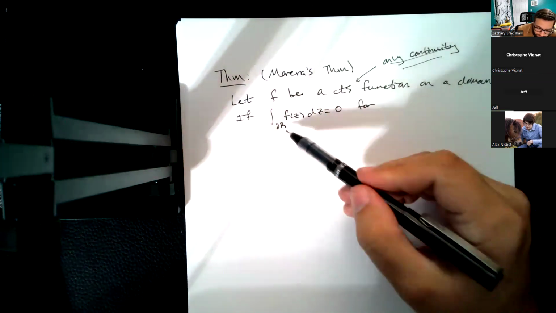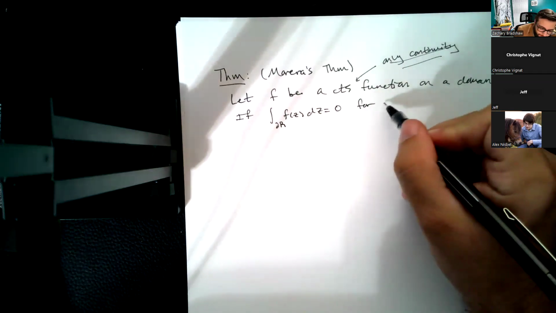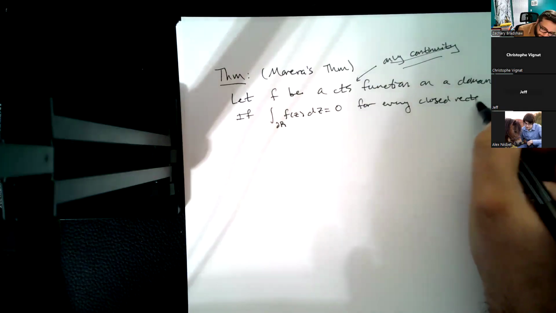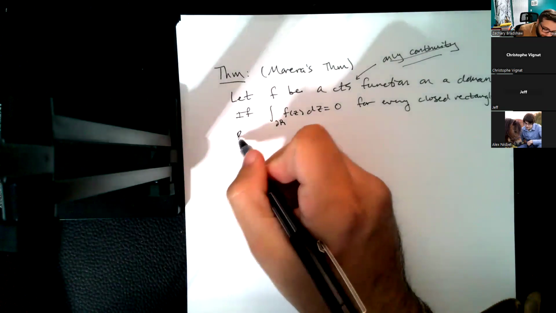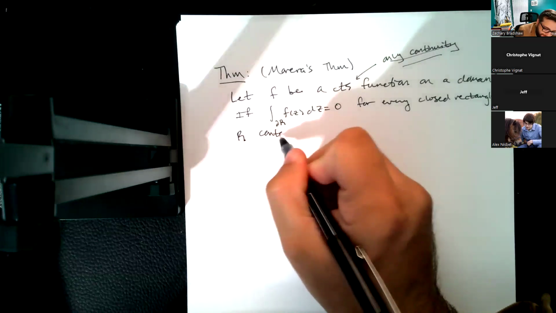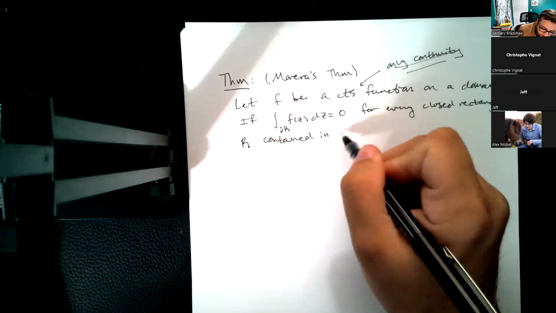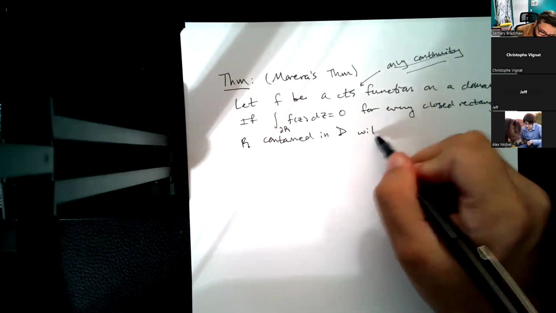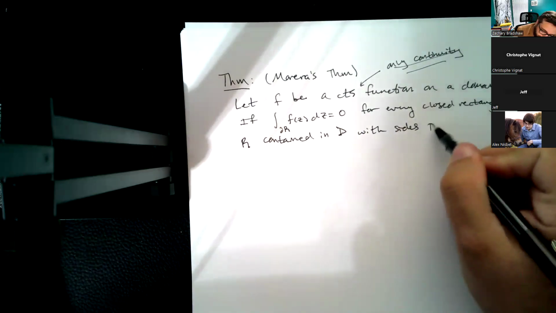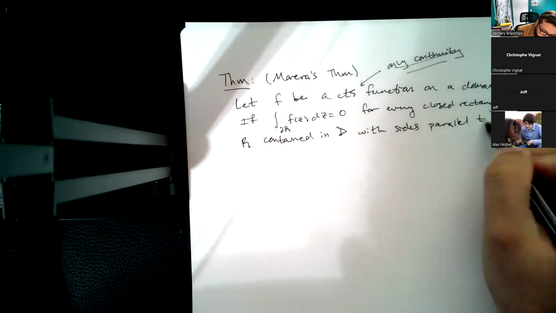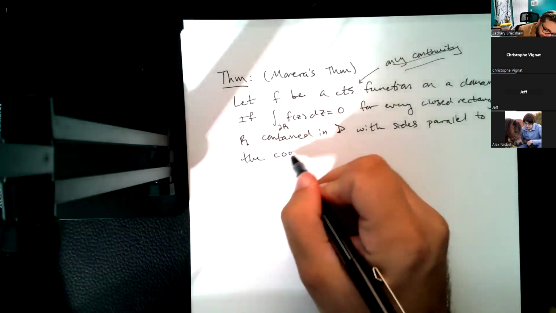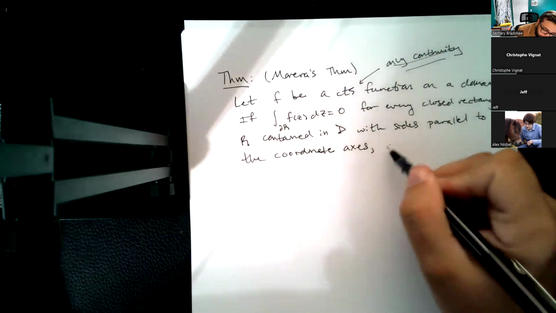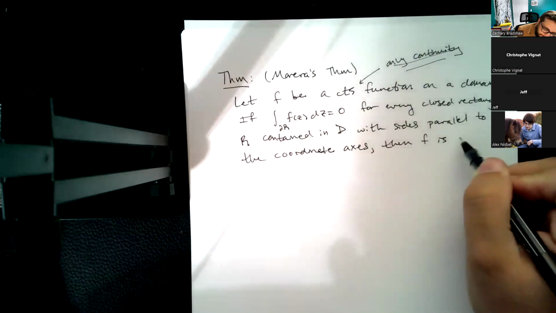So if the integral over the boundary of this region R is 0 for every closed rectangle R contained in D, where D is the region we're assuming continuity in, with sides parallel to the coordinate axes, then f is analytic on D.